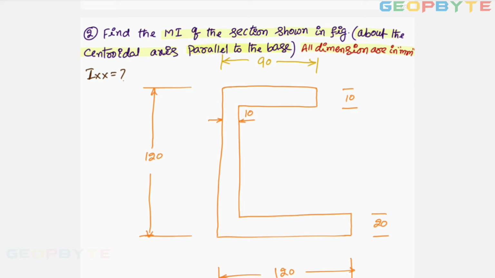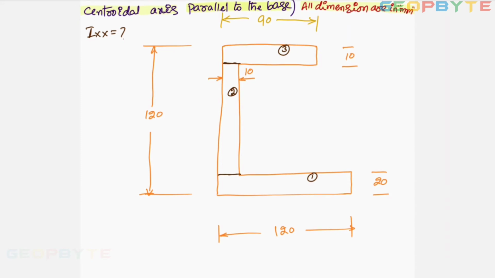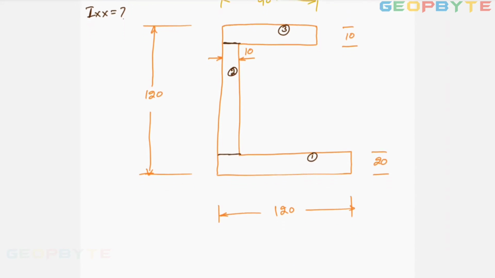For that, first let me cut the section into 3 sections like this. Listen carefully. You can also cut vertically, that is not an issue. Now this is the section 1, this is the section 2, section 3. Now let us mark the breadth and depth.